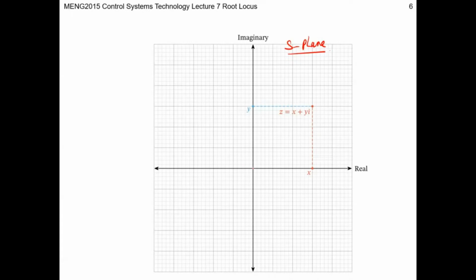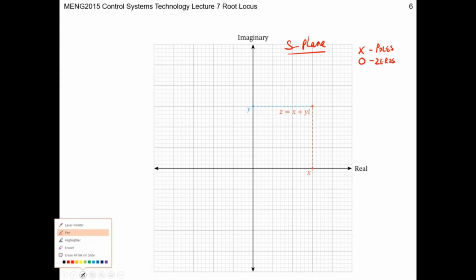So I'm going to draw poles as x's and zeros as circles. And in fact, just to make it even clearer, let me use different colors. I think I'll use green for my poles, and I'll use red for my zeros.